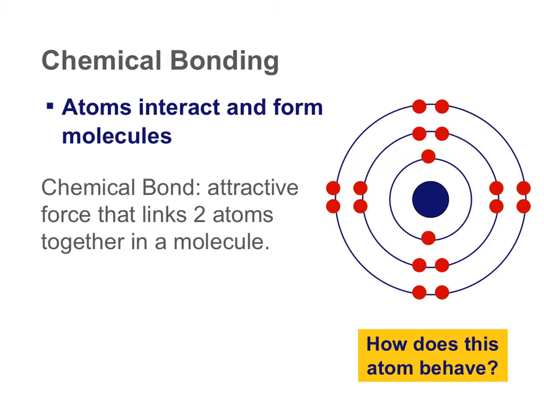So remember that a bond is the force that's going to link two atoms together. Of course, you can have way more than two atoms linked together in a molecule, but the bond itself is between two individual atoms, maybe of differing types or maybe of the same type, that are going to be linked together somehow.